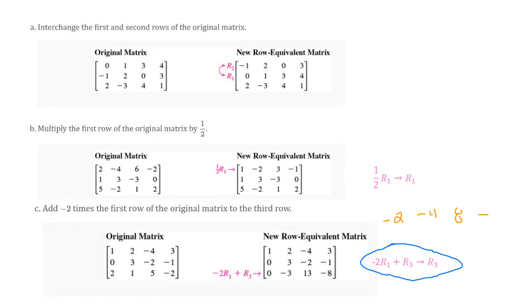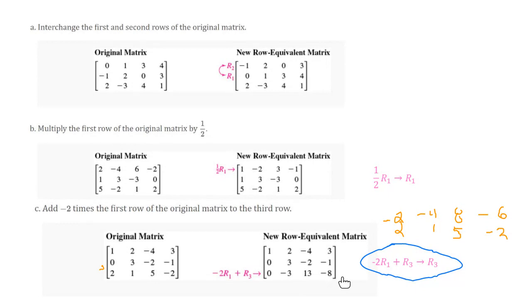And it's saying that I want to add this to row 3. This is my row 3 right here, so I'm going to add this to row 3. Row 3 is 2, 1, 5, and -2. When I add these two rows together, -2 plus 2 is 0, which is what I have there. -4 plus 1 is -3. 8 plus 5 is 13. -6 plus -2 is -8.